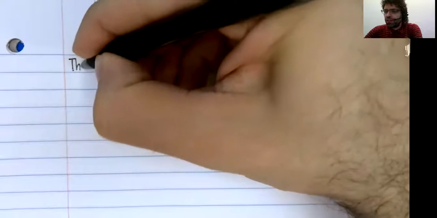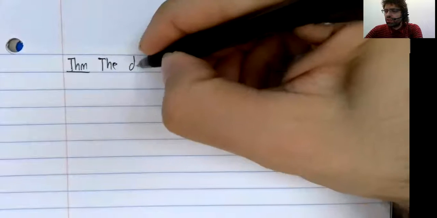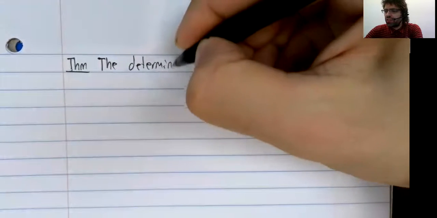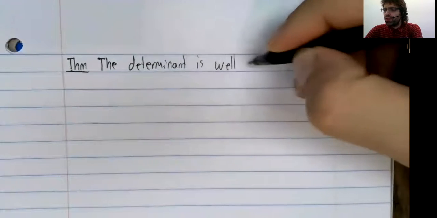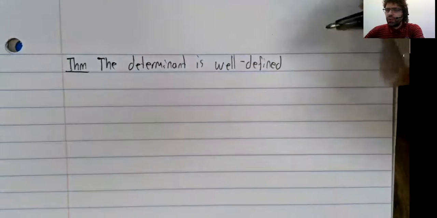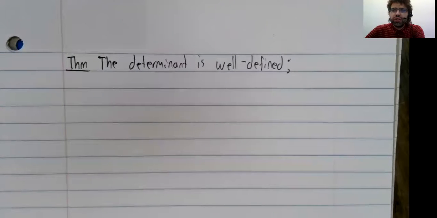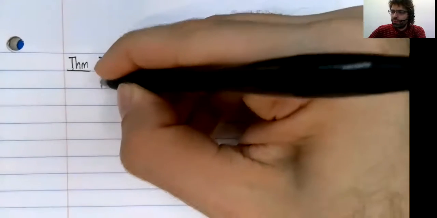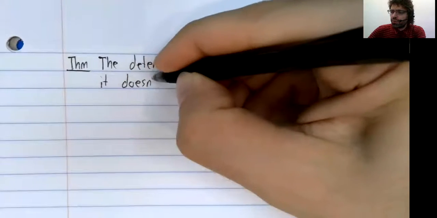This I have already stated, but the determinant is well defined. And what we mean by that is that when we define the determinant, you are asked to make a choice. You select a row, you select a column, but that choice doesn't actually matter.